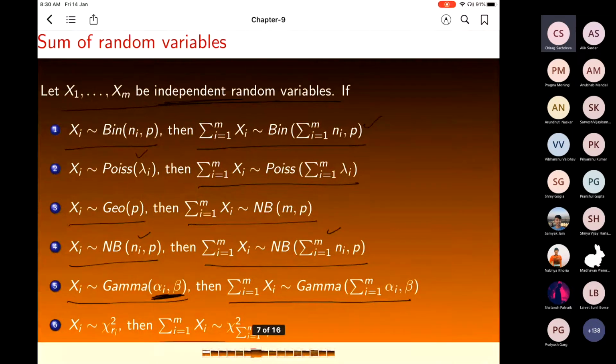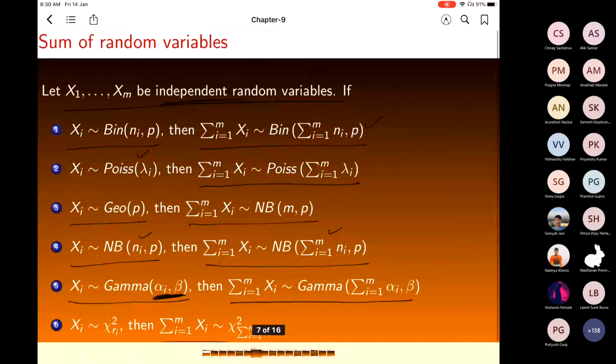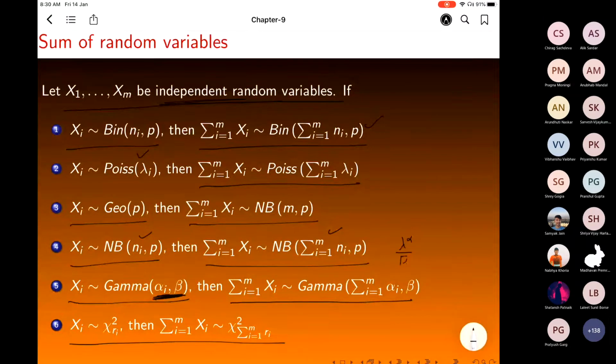Yes. So in the gamma representation, the first term denotes the rate or the number of arrivals. Basically, we have taken lambda raised to power alpha, over gamma alpha, e raised to power minus lambda x, x raised to power alpha minus 1.